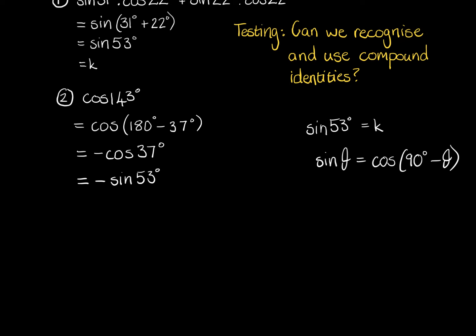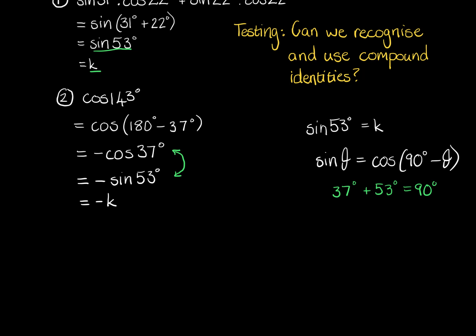I know that because these two numbers are complementary. When I add them together, 37 degrees plus 53 degrees, I am going to get 90 degrees. And of course we know that sine of 53 degrees has the same value as k, so that means we have negative k over here.